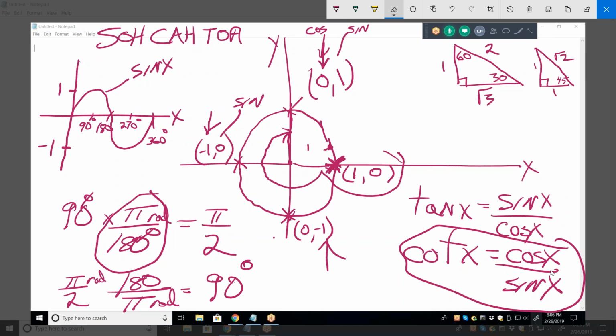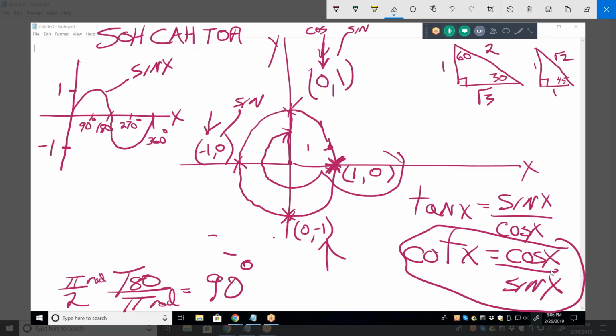Okay, but back to what I was starting with. If you memorize this graph, and like I said, you're going to have to at some point or another, then it actually gives you an easier way to figure out your quadrangle. Looking at that graph, what is the sine of 90 degrees? 1.